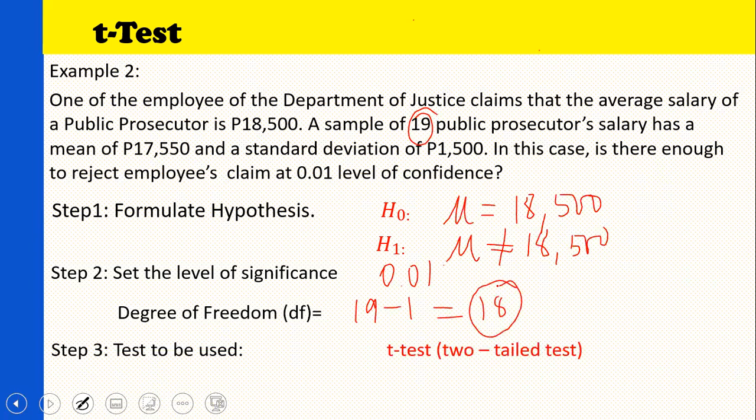The test to be used is a two-tailed t-test. Remember why it is a two-tailed test: it is because of our hypothesis, since we have incorporated the equal and not equal part, so therefore we're going to use a two-tailed test. And the critical value under the t distribution table is 2.878.